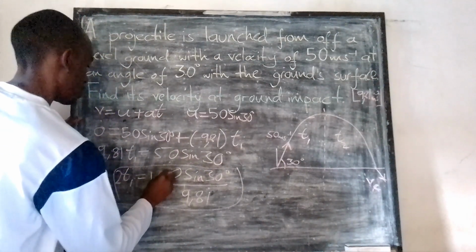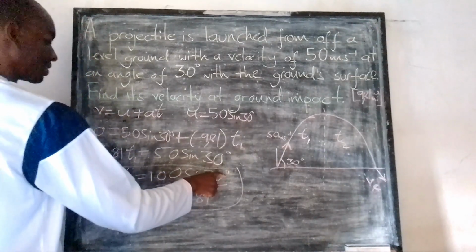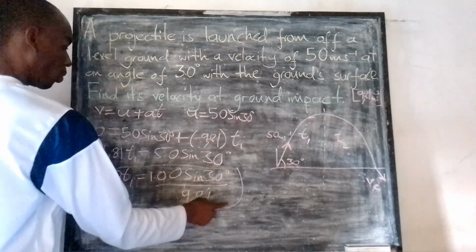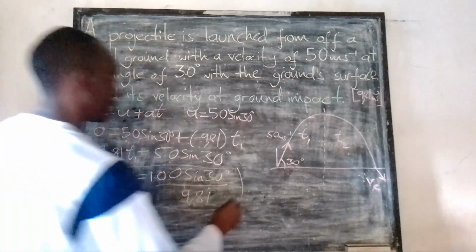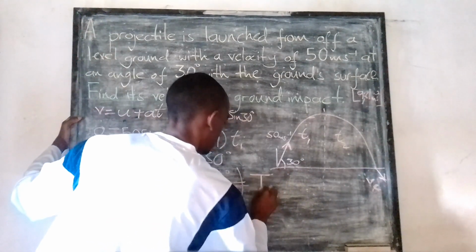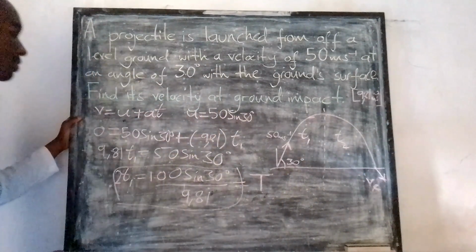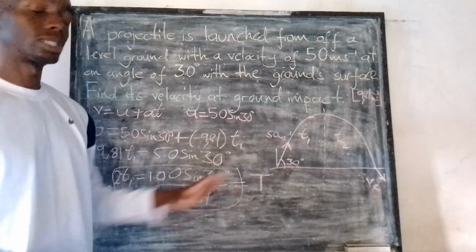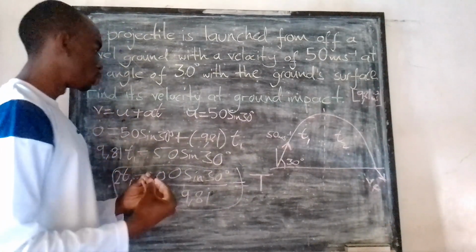So we've got 100 sine 30 degrees all over 9.81. And this is equal to what? The time of flight. So what are we going to do next?